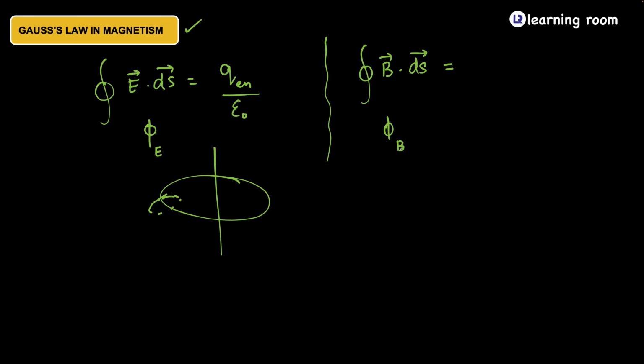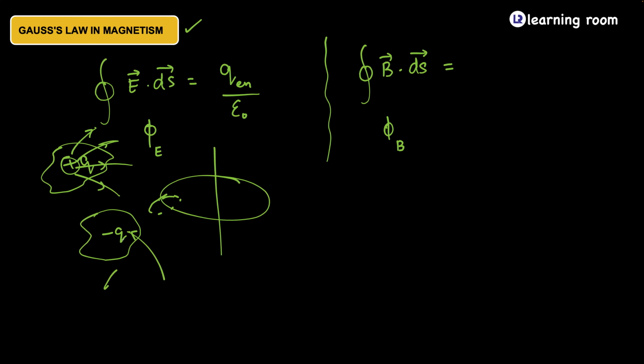Now, in Gauss law in electrostatics, if I have a surface enclosing an isolated positive charge, there will be only field lines leaving the surface. Suppose I have an isolated negative charge, then the field lines will be entering the surface.